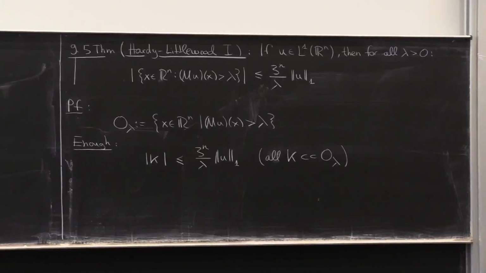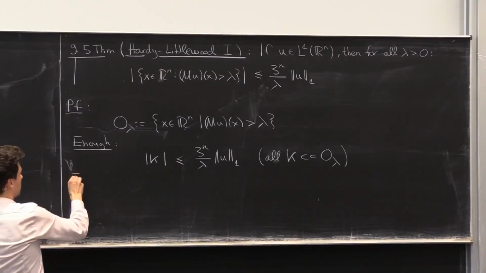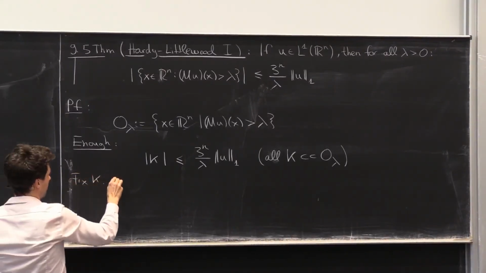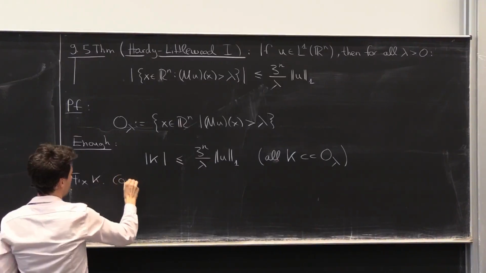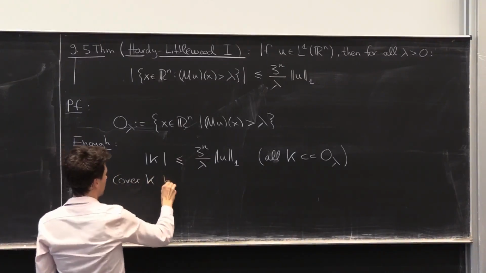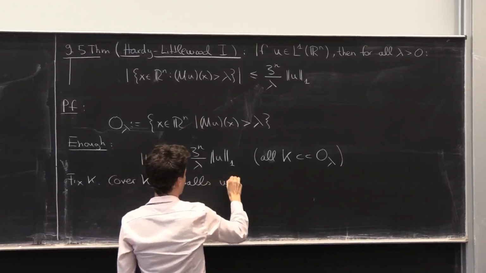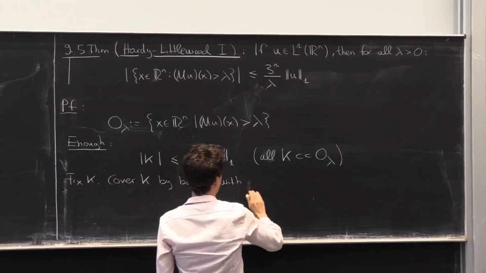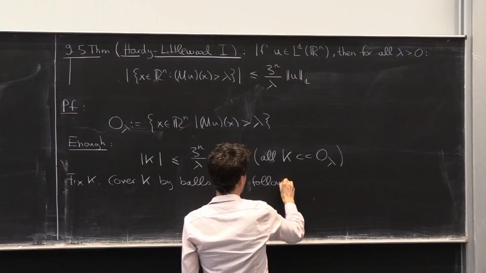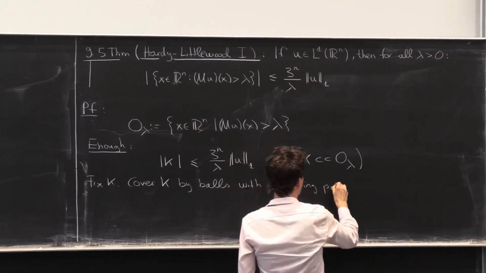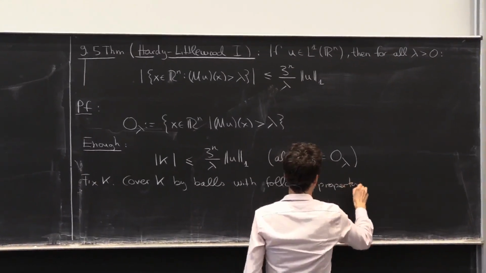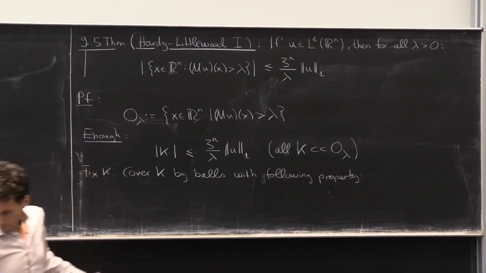Good. So now K is fixed, and I claim I can cover K by balls with the following property. This is going to be 9.3.